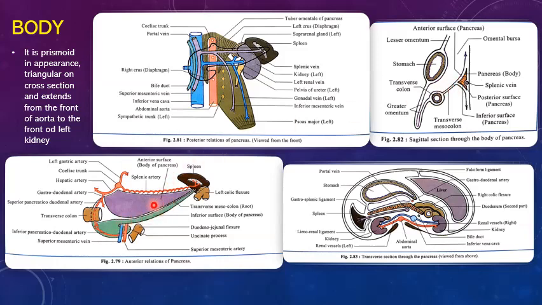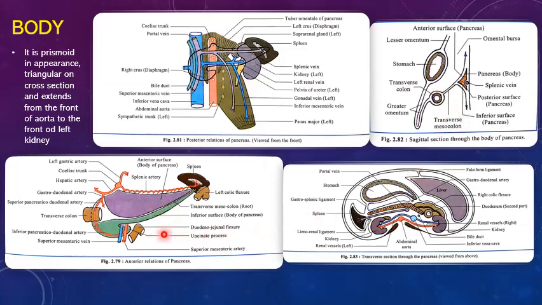So this line represents the anterior border. Here this blue area is the superior layer of the transverse mesocolon, and this is the inferior layer of the transverse mesocolon, and this line between them is called the root of the transverse mesocolon, which is attached along the anterior border of the pancreas, right?